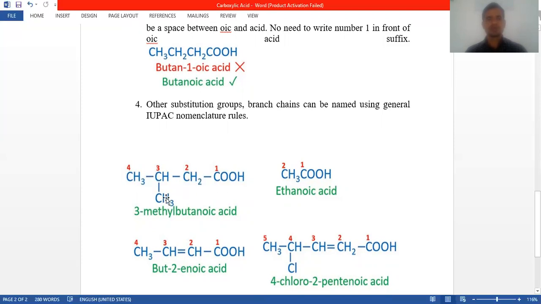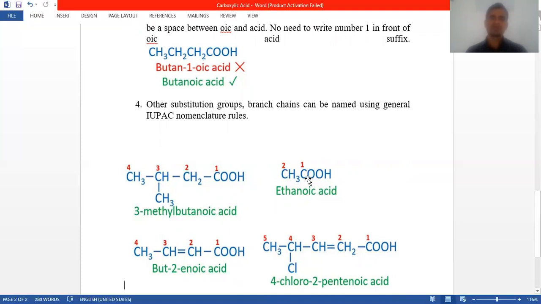This CH3 is a substituent attached to the third carbon atom. The longest chain is 4 carbon atoms, so the corresponding alkane is butane. The E is replaced with oic, and the substituent is written in front of butane. So the name of this carboxylic acid becomes 3-methyl butanoic acid.